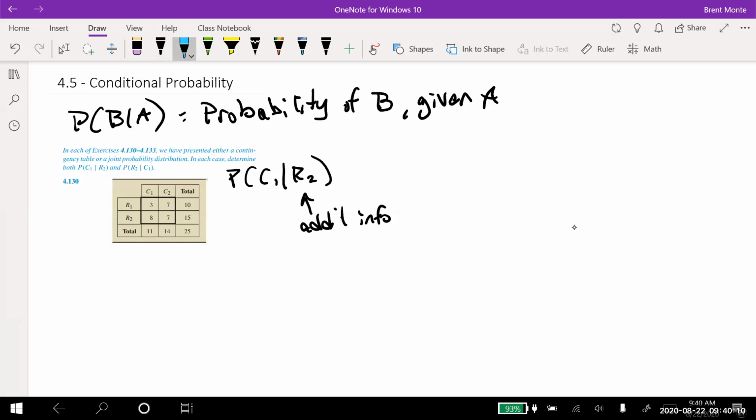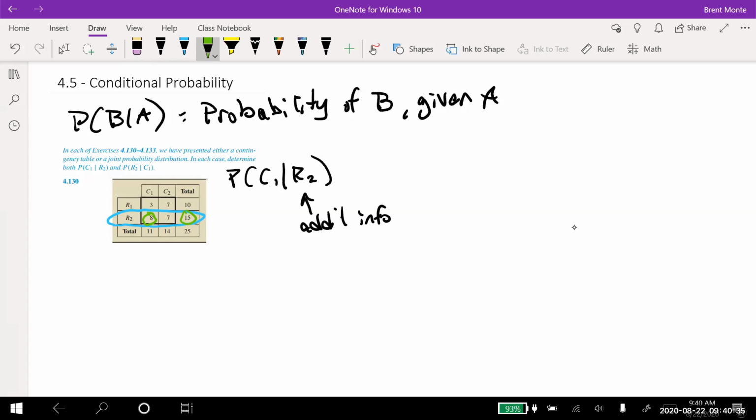That means not anything in this table is possible, but it had to be R2. So if it had to be R2, we want to know the probability that C1 happens. Well, now we've narrowed it down. If C1 happened, it's only 8 out of 15. That's the chance that it's going to happen.